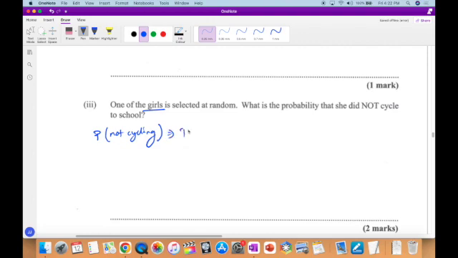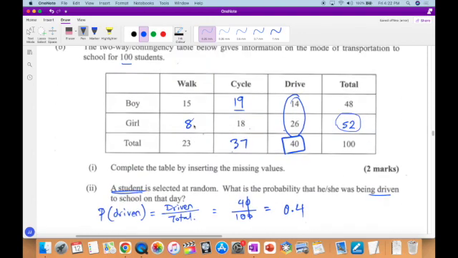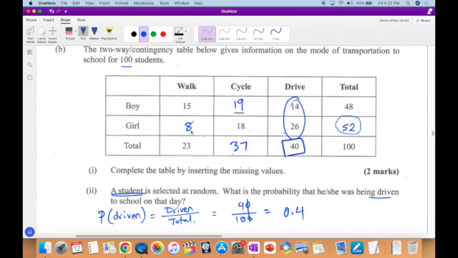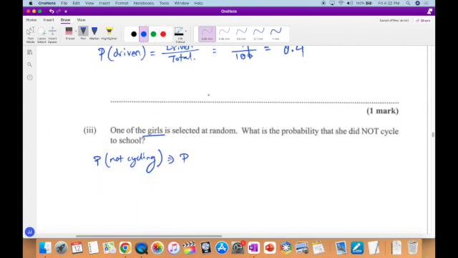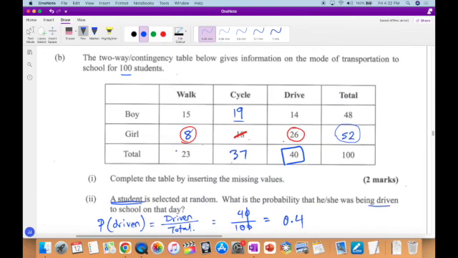If you want the probability of not cycling, then you're talking about the probability of walking or driving. And of course, we could just add the walking and the driving, the 8 and 26.